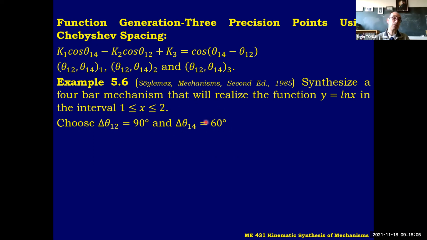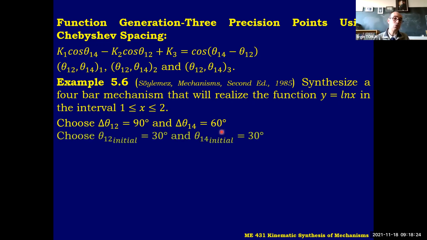You could make this, I don't know, 120 as well, if you like. That's fully arbitrary, okay? Unless you have other design restrictions. Okay, so I have selected these fully arbitrarily.